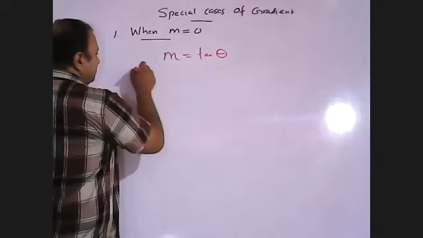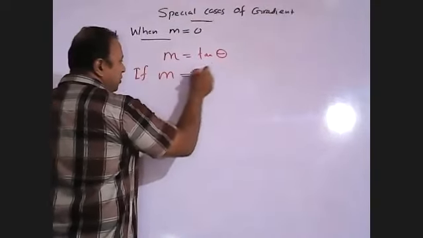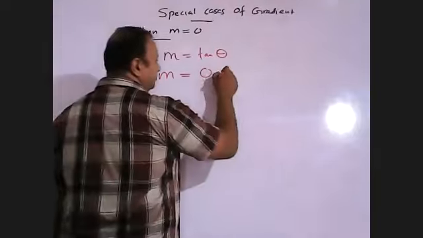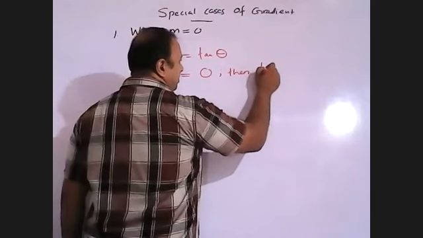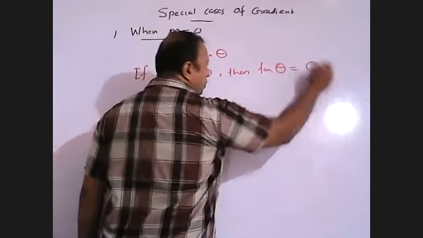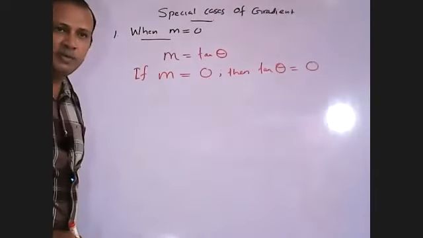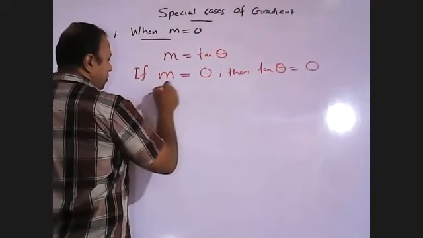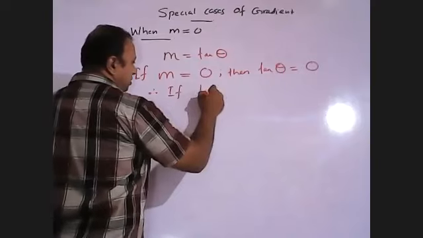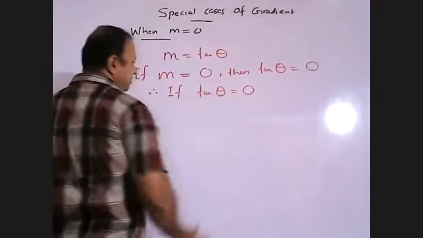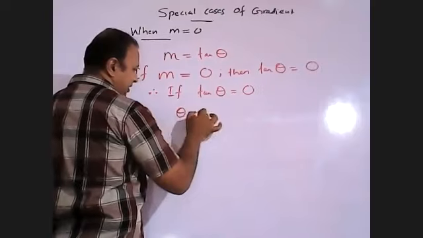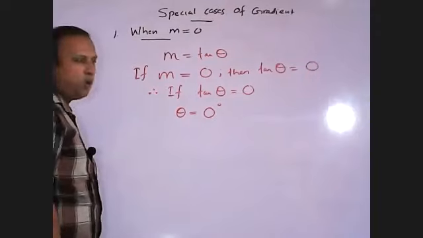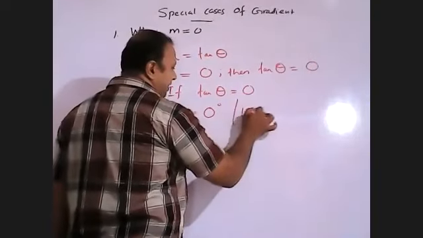So if m is equal to 0, then tan theta should be 0 too. So if tan theta is 0, then theta is equal to 0 degrees, or I can say 180.